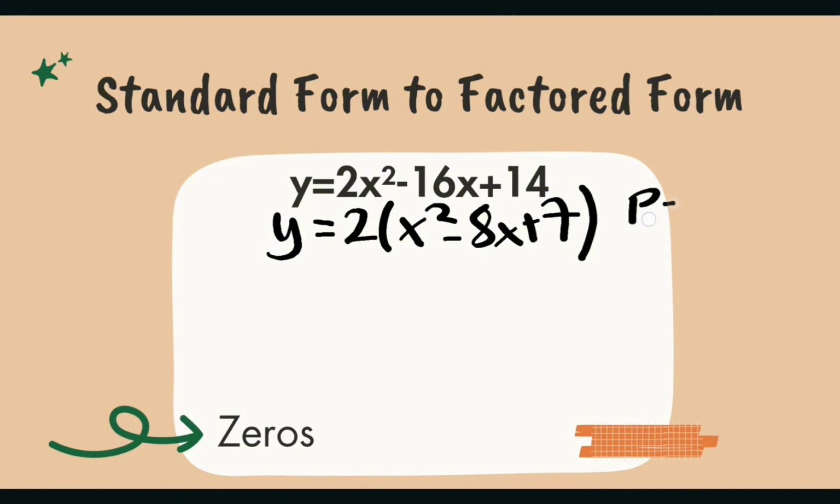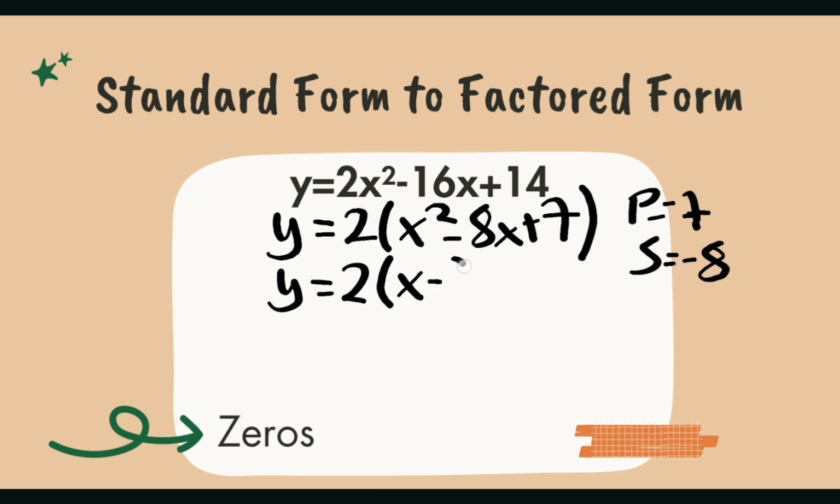Product is 7 and sum is minus 8. Our numbers are minus 7 and minus 1. Let's write. We found the factored form. Let's also find the zeros.